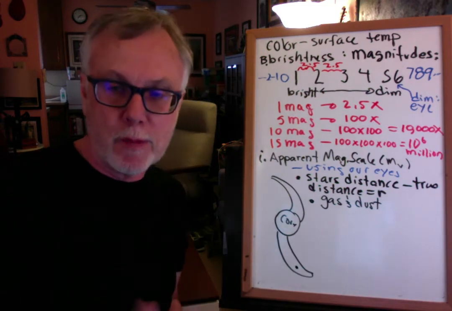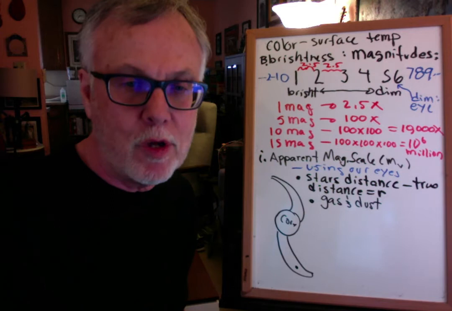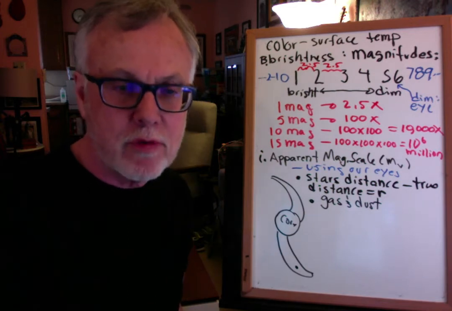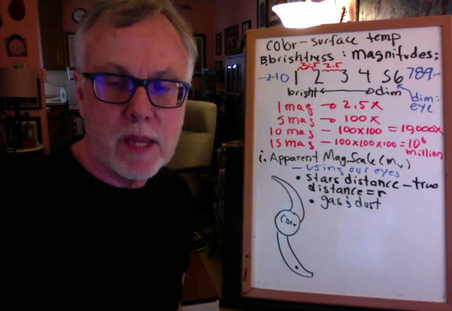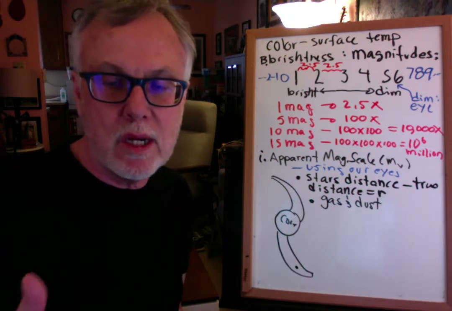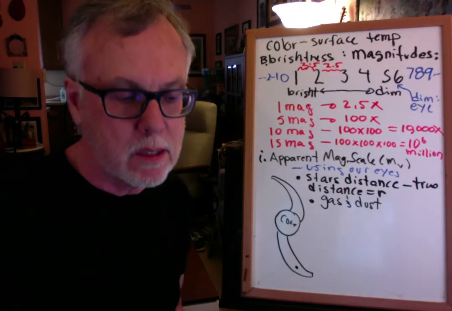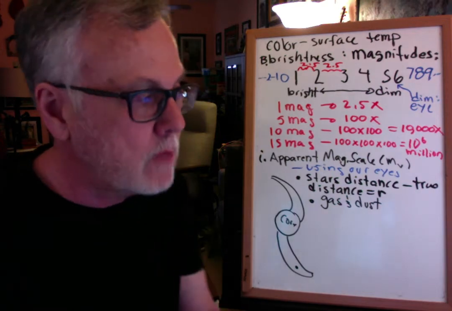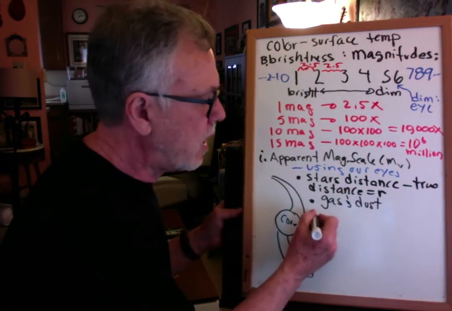But light bulbs vary in how much light and heat they produce. And the same thing is true with stars. Stars vary in how much energy they give out into space. And that has a name. Stars vary in luminosity.